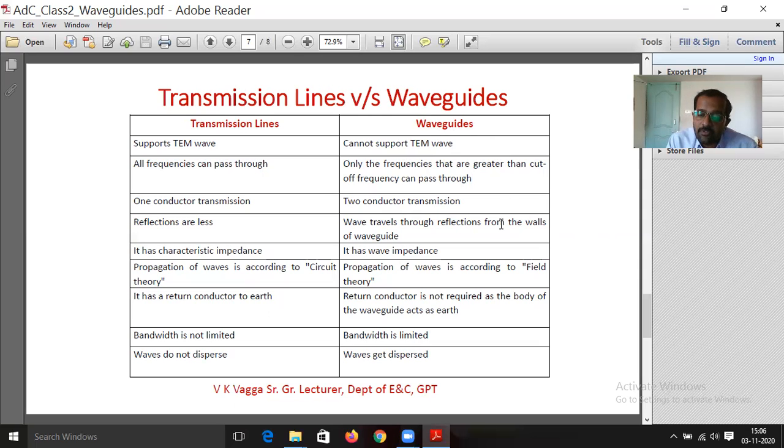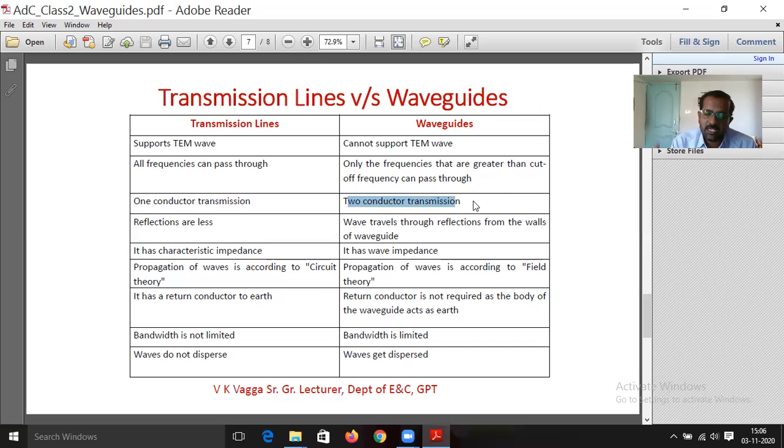I think you know the frequency band of the microwave signal. It is from 300 megahertz to 300 gigahertz here. So it is of large frequencies, so that it can pass only the large frequency signals here. And in the transmission lines, it is implemented with one conductor, but in the waveguides it is implemented with two conductor transmission.